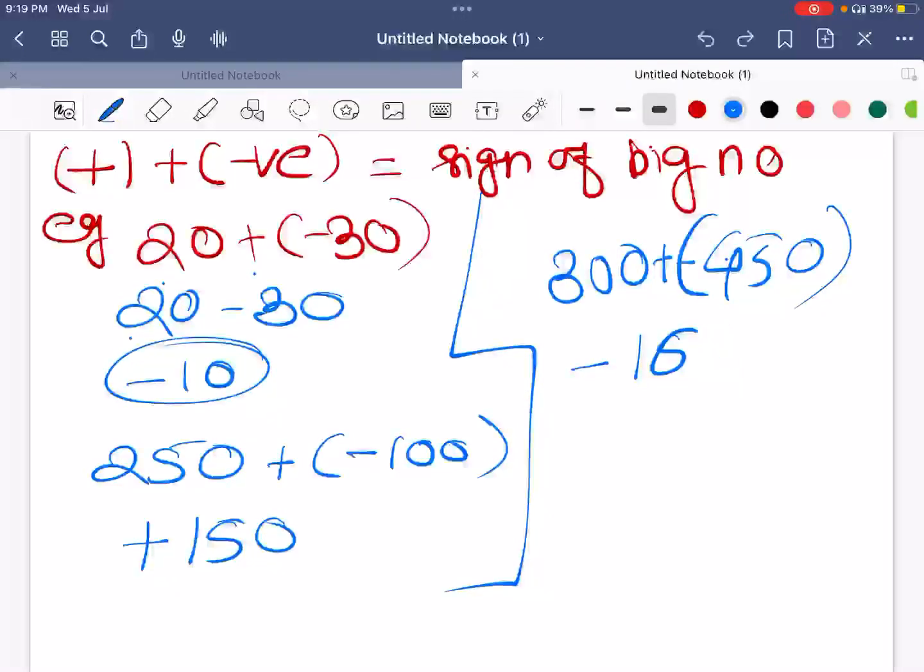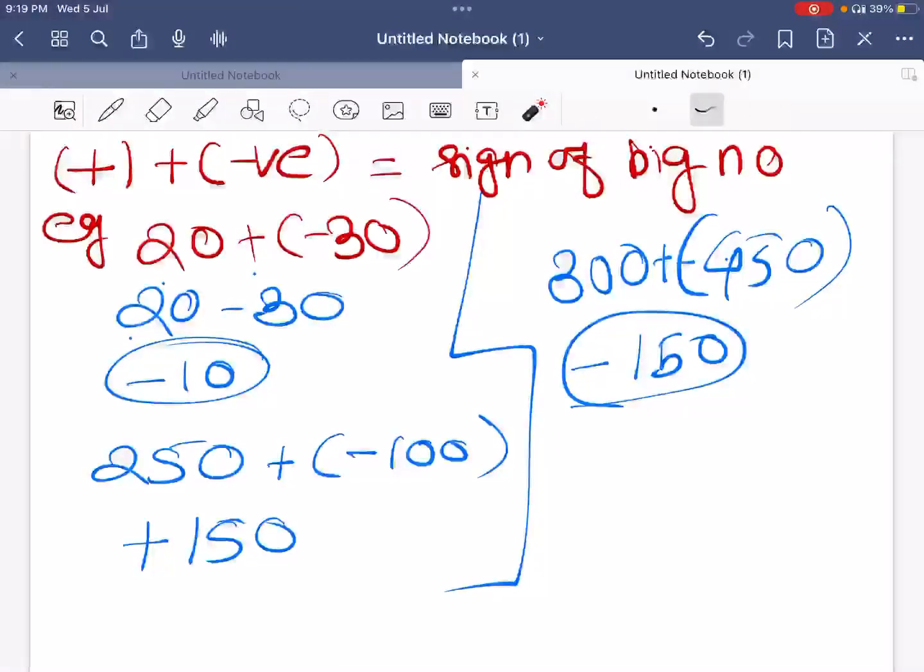So your answer is 150 and the sign is minus. So likewise we have to solve the examples if the first digit is positive and the second digit is negative. Clear? Okay. Now we have to talk about the next condition.